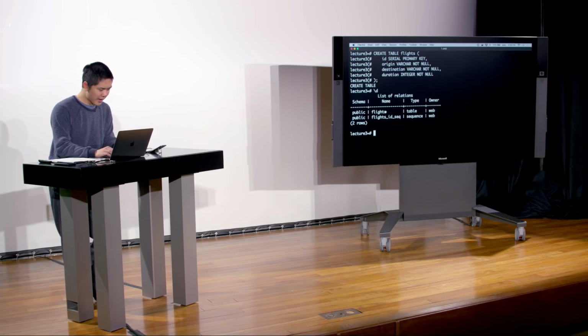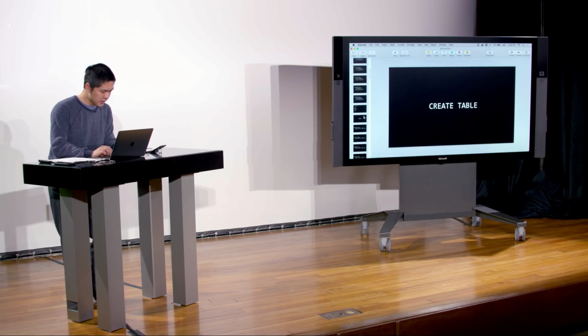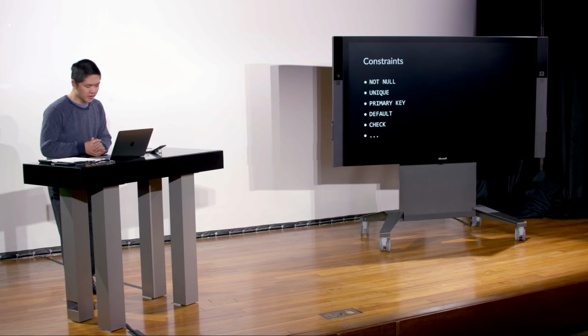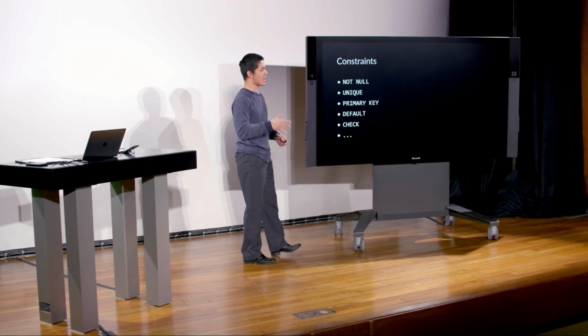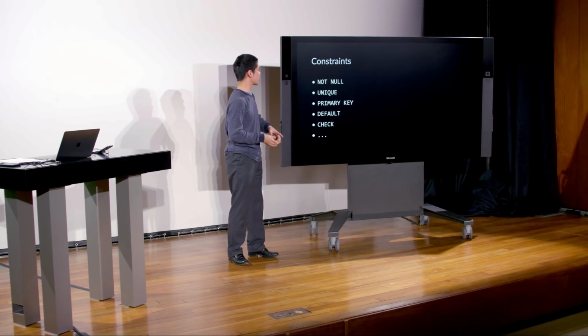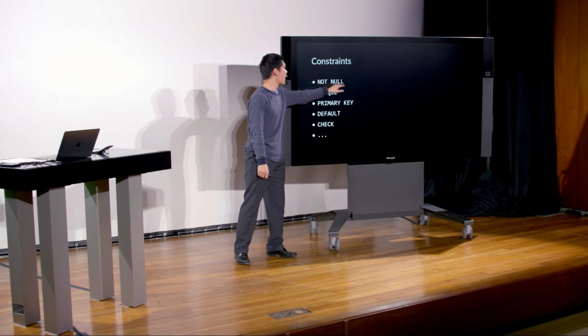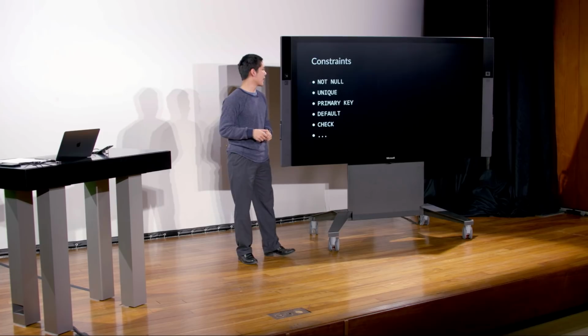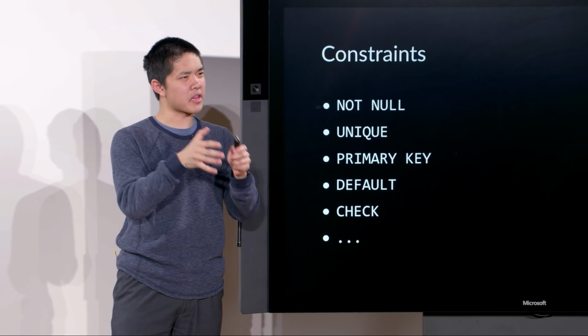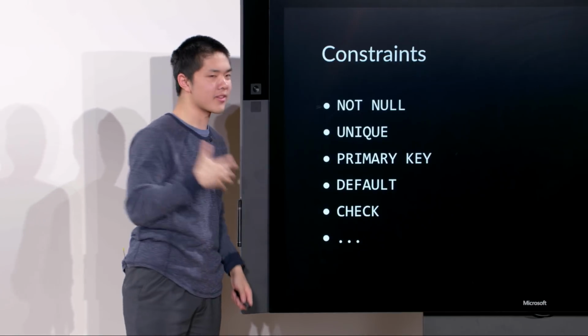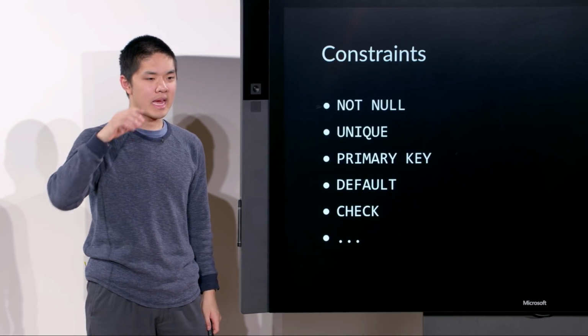So that was how we might go about creating a table in Postgres. And we talked about the various possible constraints that we can place when we want to create a table and define what the individual columns do. I can specify that a column is not null, meaning that it needs to have a value. I can specify that a column must be unique. If I don't want two people to share the same value in a particular column, I can enforce that in the database by saying this is going to be a unique column.